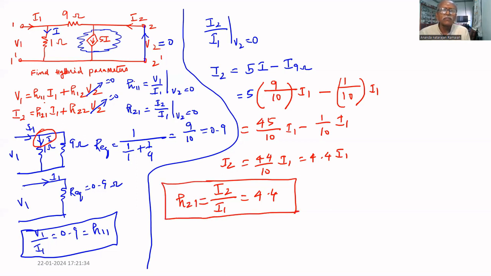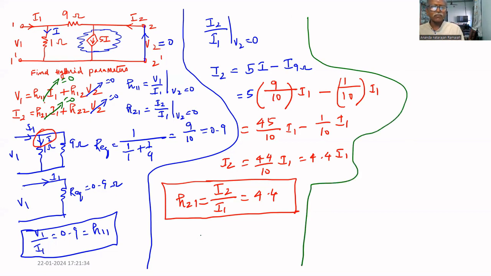Now we have to find the other two parameters. For that, we can assume that I1 equal to 0. The circuit looks like this. This is 1 ohm.